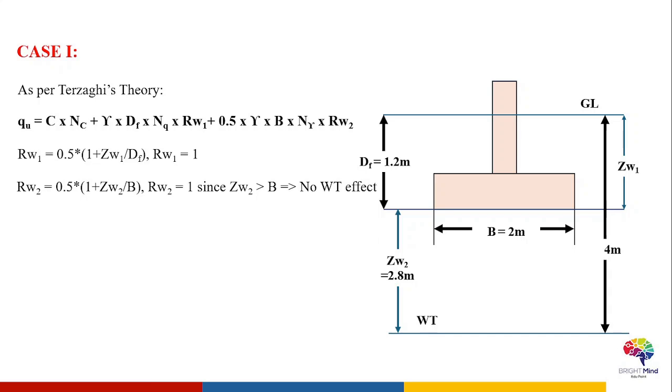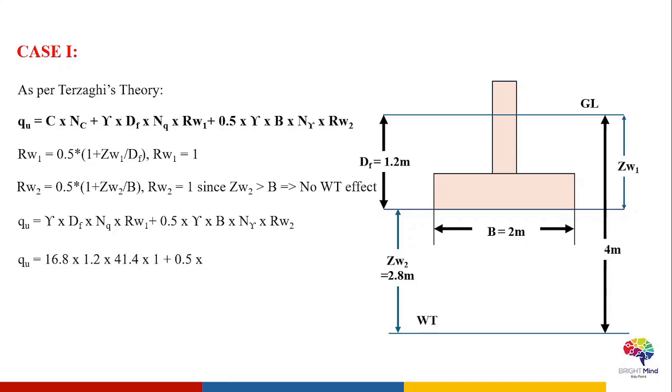We will substitute all the details in the above equation. Since the first term will again become 0, as this is the case of sandy soil, we'll substitute the values and on solving we'll get the value of the ultimate bearing capacity as 1546.9 kilonewton per meter square.